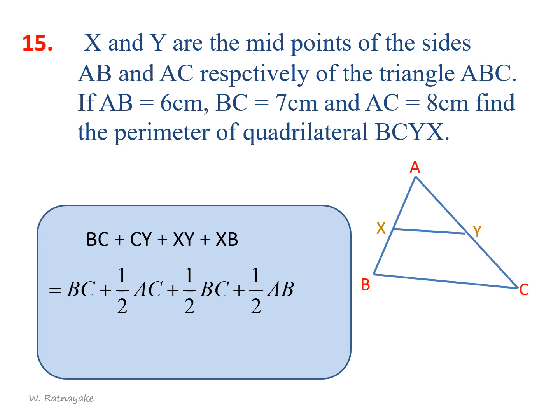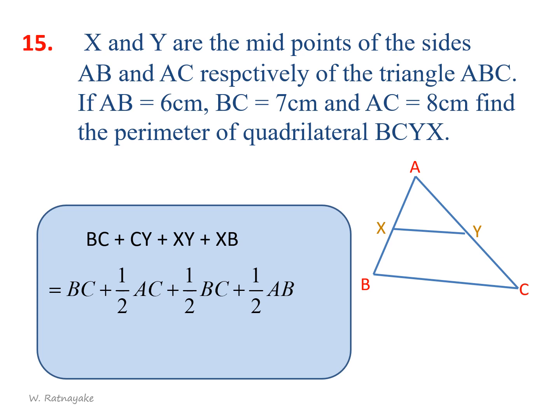So we can write the expression as BC plus half AC plus half BC plus half AB. We know AC equals 8, so half of 8, half of 7, and half of 6.